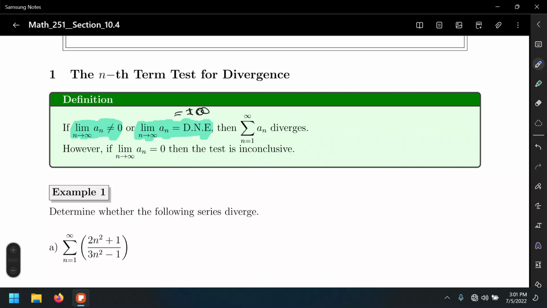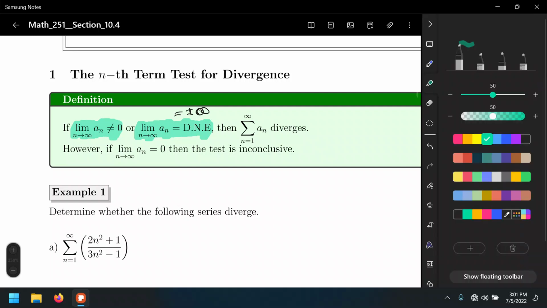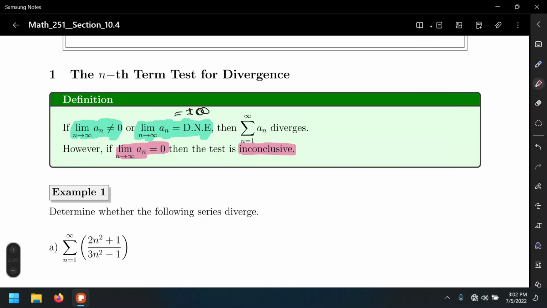This test is not useful to determine convergence, and if the limit in this case is equal to 0, then the test is inconclusive. And in that case, we will have to go about a whole different test. For this chapter, we are going to look at a series after we learn the 10 different tests, and it seems like this test is useful.